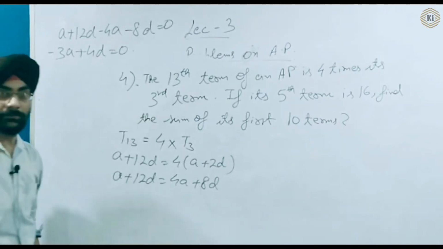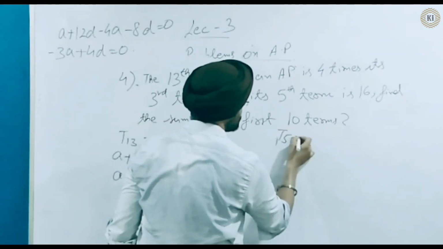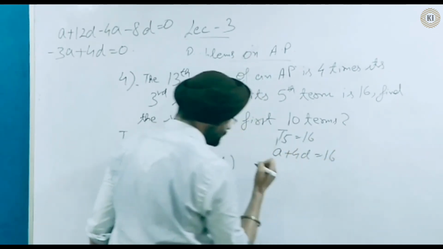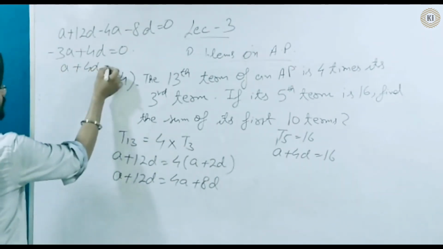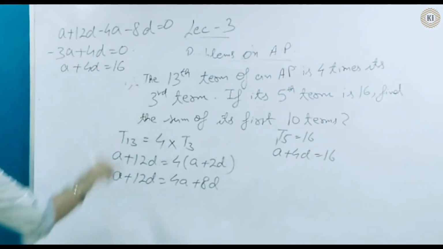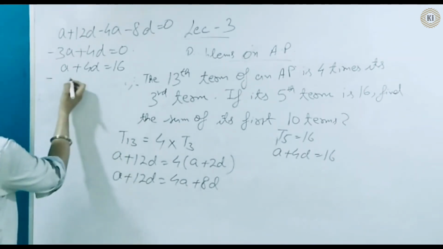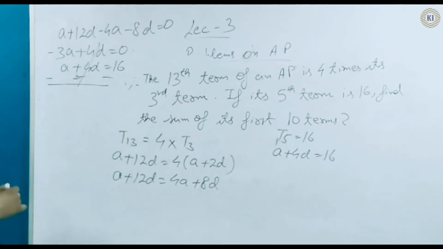If its fifth term is 16, so fifth term is given as 16, so it means A plus 4D value is given as 16. So second equation is A plus 4D is equal to 16. Now solve both the equations simultaneously. Minus, minus and minus. Plus and minus will be cancelled.